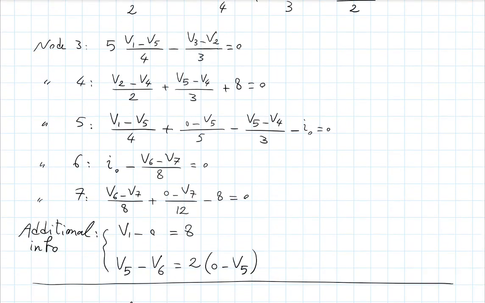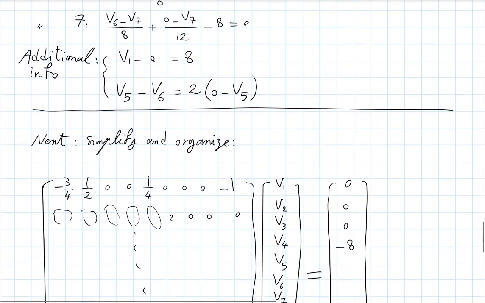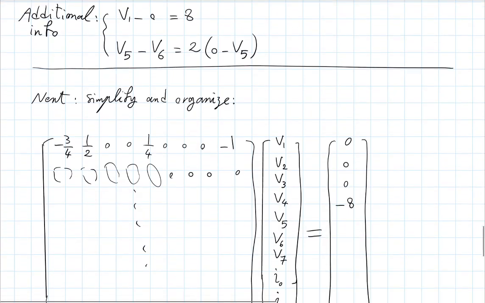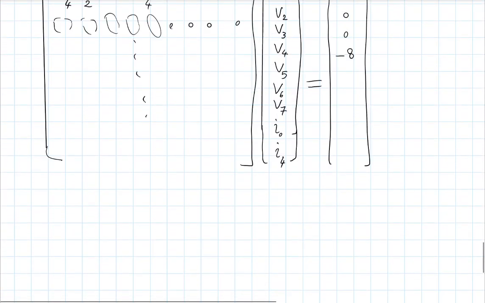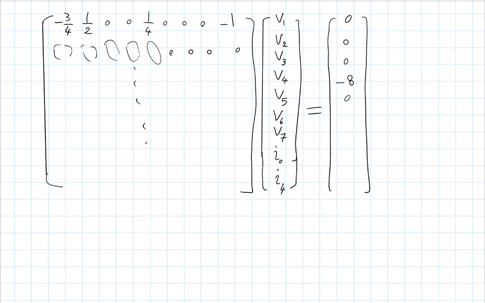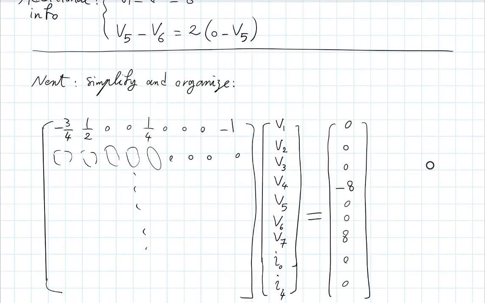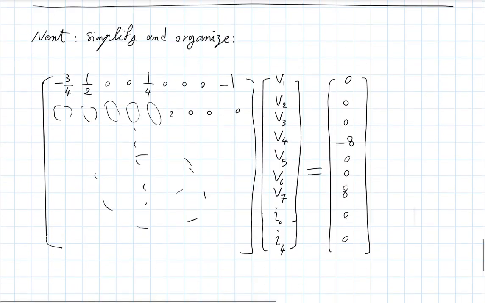And then it goes on. And on the 7th line, I have an 8 going to the right-hand side. And then 0.